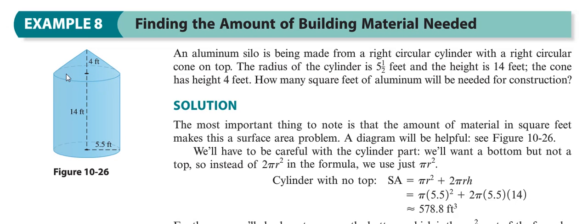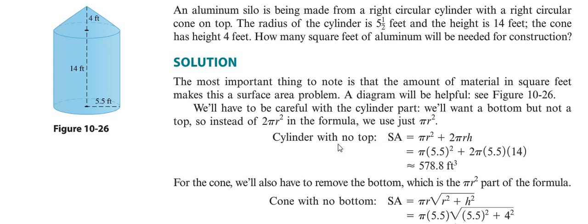You use the cone formula to get the circular area of the cone, and then you add those two together to get the total surface area. As we have indicated here, the surface area for the cylinder, the formula is pi r squared plus 2 pi r h. You just plug in the numbers.